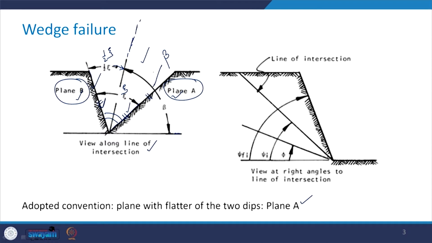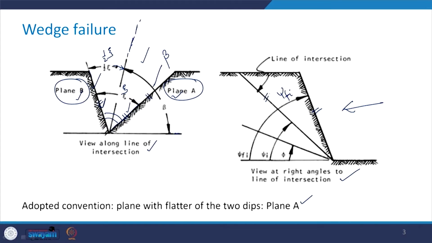If we take a look at the view at right angles to the line of intersection, this is how it is going to look. This is the slope face, which is making an angle psi f with the horizontal.